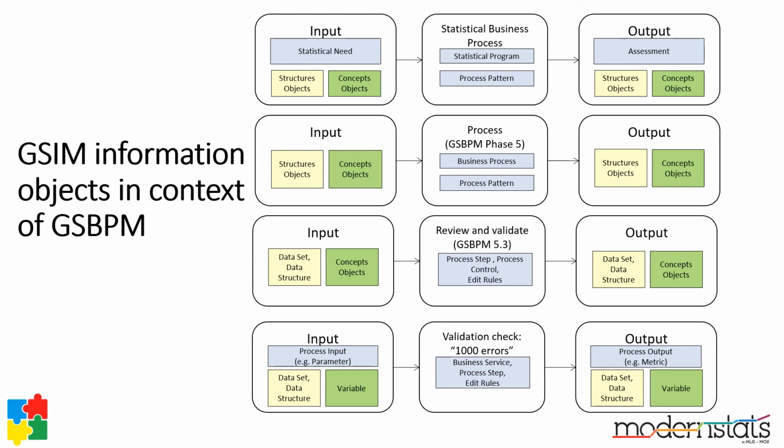So the GSIM is describing the whole, what's going in and out of the whole organization. You can examine just one phase, look at that. You can go down to an individual sub-process and think about what's going in and out and supporting that.